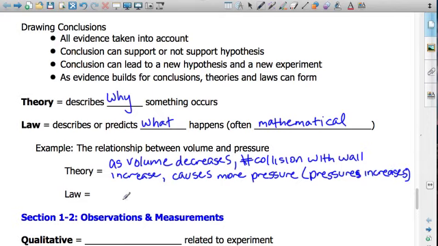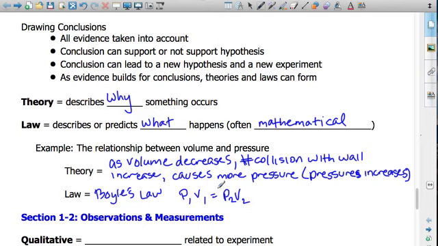The law is mathematical. It's called Boyle's law. And the mathematical formula is P1 times V1 equals P2 times V2. So you can see a theory's mostly words or a sentence, and a law is usually some type of formula.